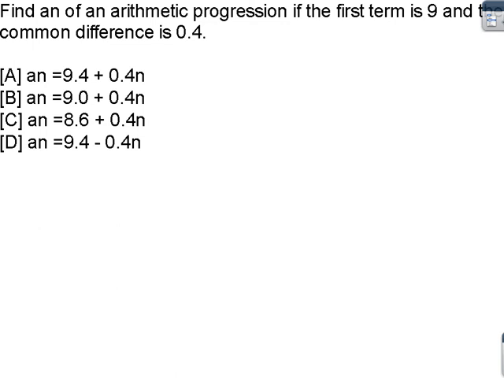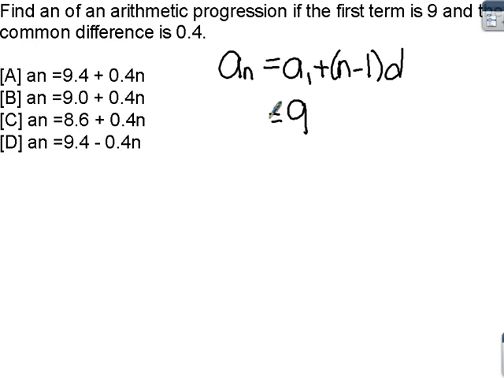So I start with my original, n minus 1 times d. So we've got a sub n, which we're just looking for the equation, but I want to include my first term, which is 9, and the common difference, which is 0.4.